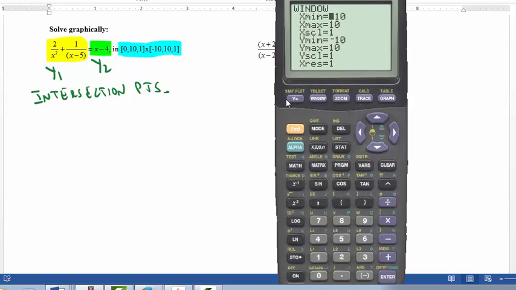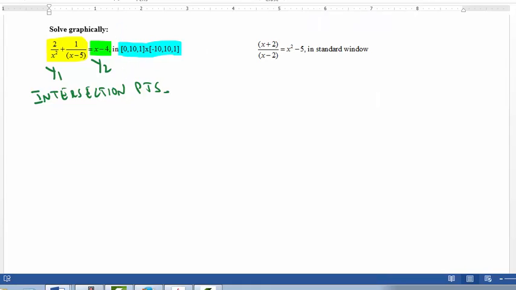So just push window. And what are these numbers? This is just the x min, x max, x scale, y min, y max, y scale.